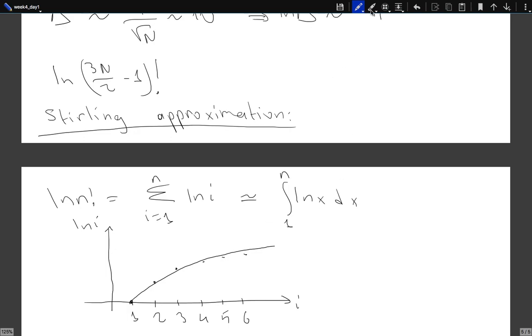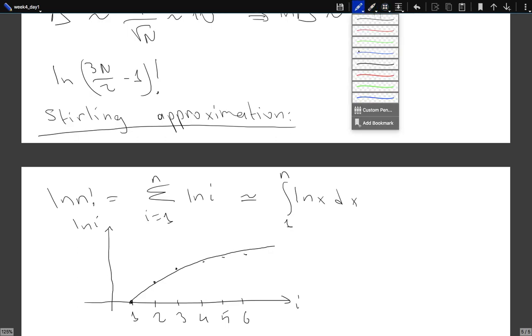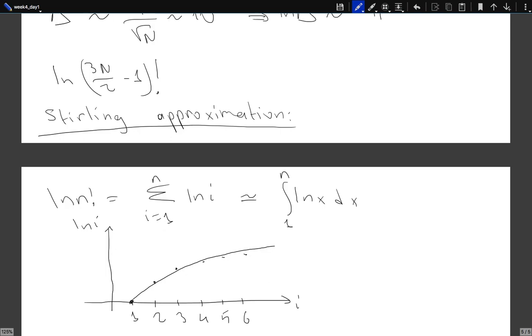This integral will be basically the area below this curve. Now, the logarithm of 1 is 0. It's the area of this line. The logarithm of 2 is the area of this rectangle.